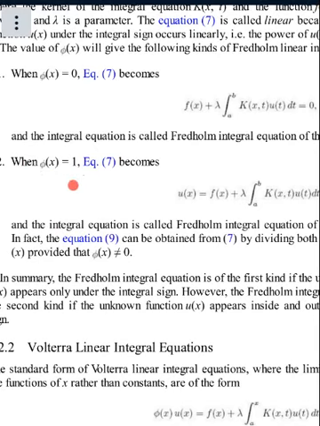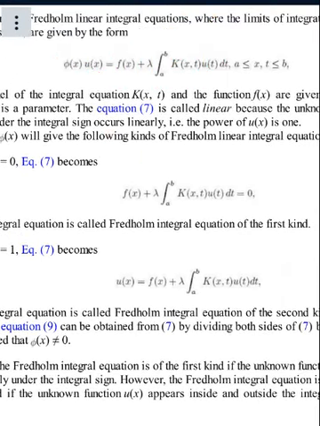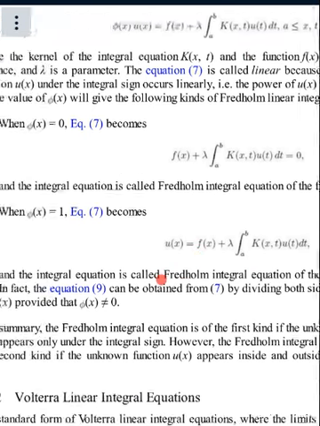If you replace this value in the general form, you have u of x equals f of x plus this part. We call them Fredholm integral equations of the second kind.